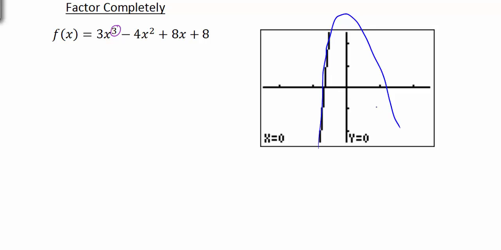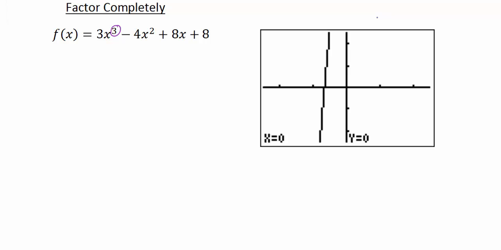Well, that's a possibility, but we know here that if we have this x cubed, it's a good chance that this may be the only one that we have because we know that our graph has to be going up and down. Now, if you play around with your window enough, you're going to find out that this graph continuously goes up. It's not going to come back down.